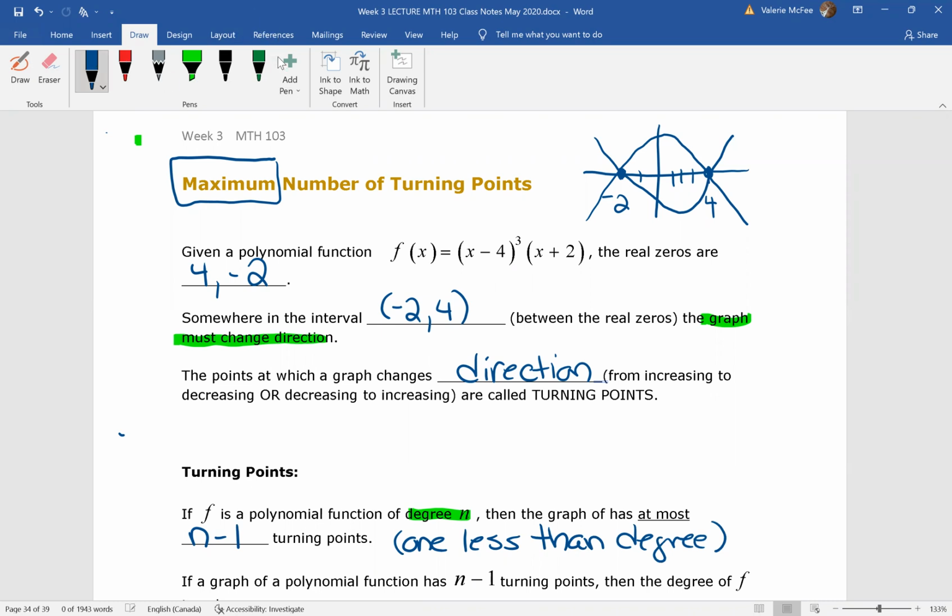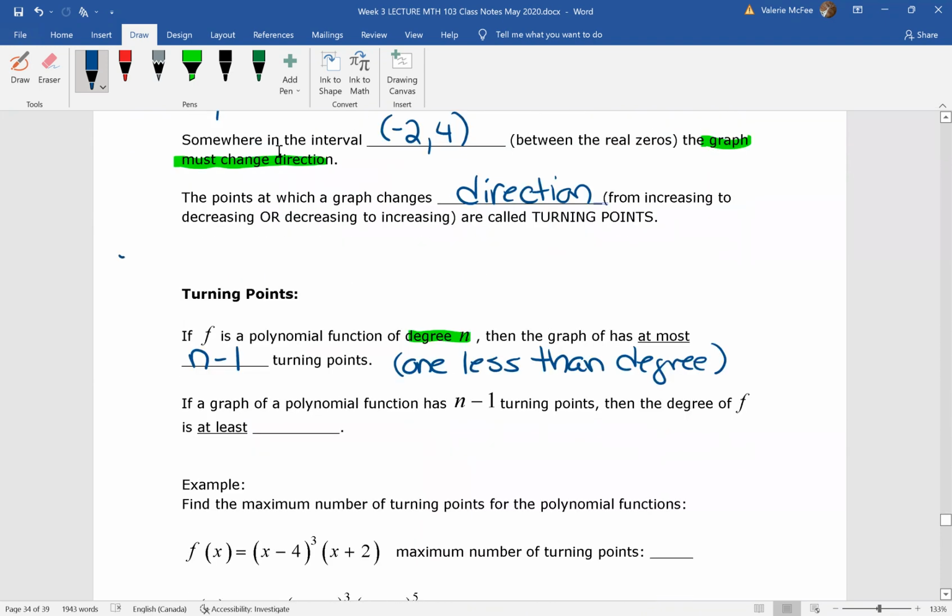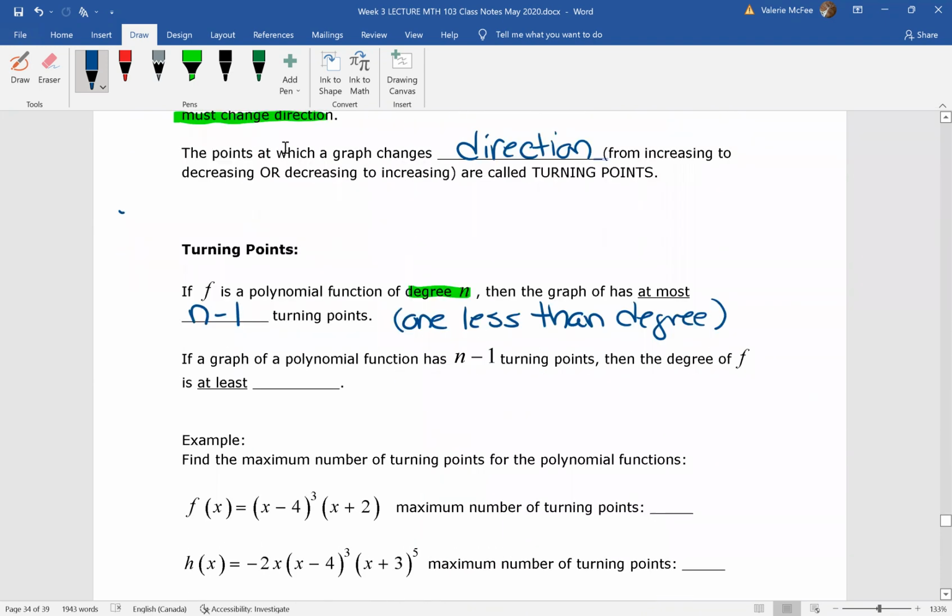We say if a graph has n minus 1 turning points, then the degree of the function is at least n, at least one more than the number of turning points.